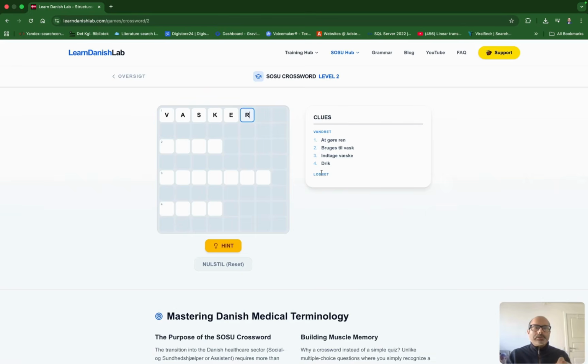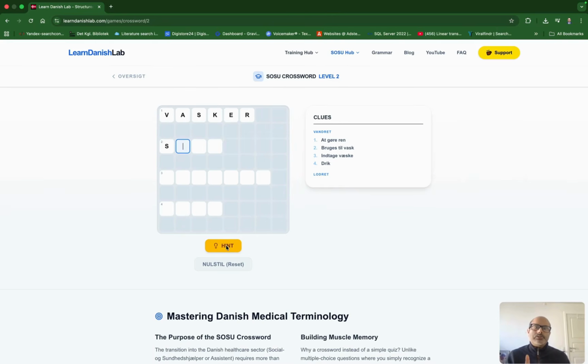So in the second option, redskab til at vaske. What are we using to give the bath to the beboer? That's the point here. Of course, one thing we use is water. That means vand. And what could be the next? We don't know. Let's see.